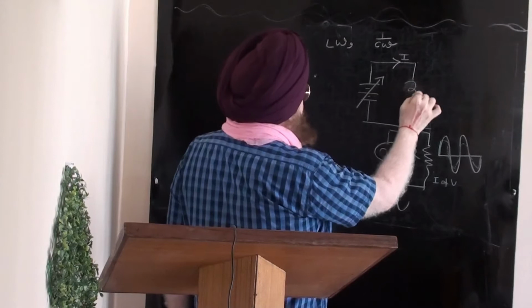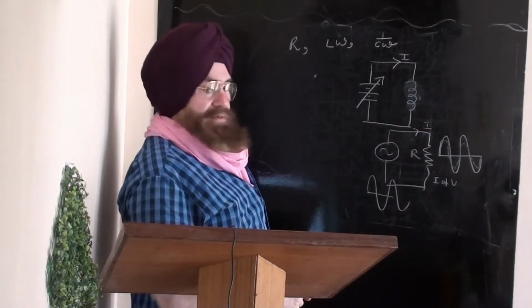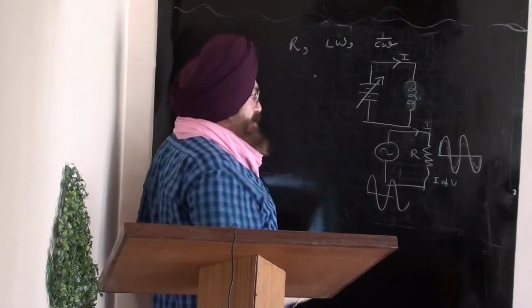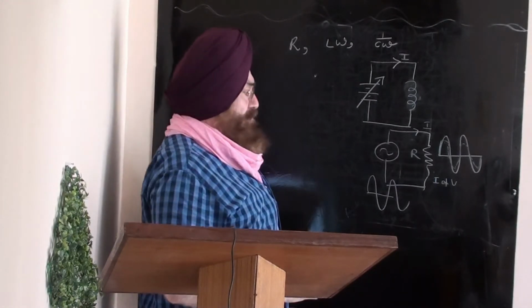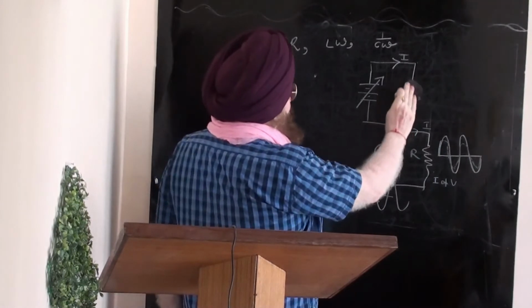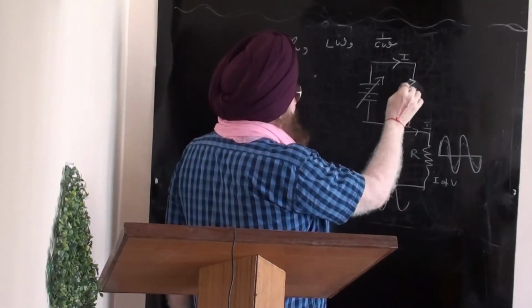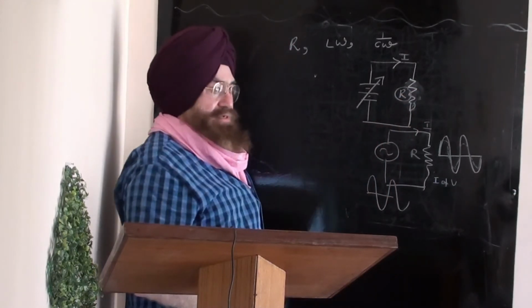Now if I am having, instead of a resistor, a coil, the coil also offers opposition, but that opposition depends. In case of a resistor, if R is constant, opposition is constant.